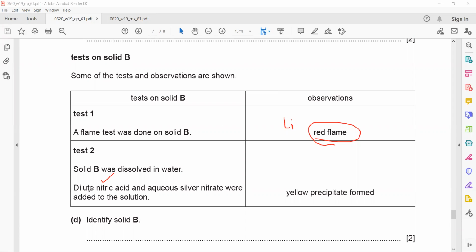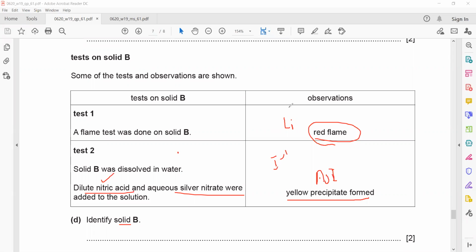And the second one, dilute nitric acid followed by silver nitrate. This is a test for halide ion: chloride, bromide, or iodide. If it is chloride, it will give a white precipitate. Bromide will give a cream precipitate, and iodide will give a yellow precipitate. So this yellow precipitate is due to silver iodide, which confirms that it contains iodide ion.